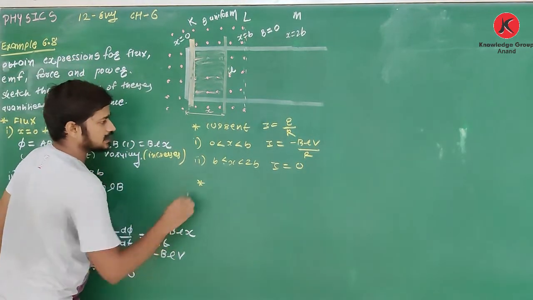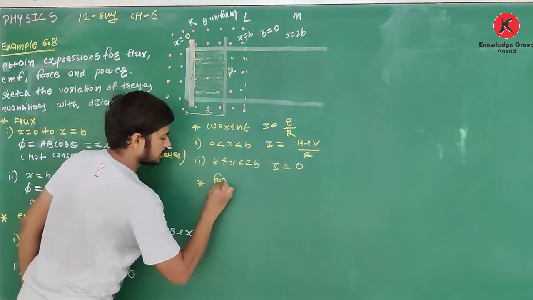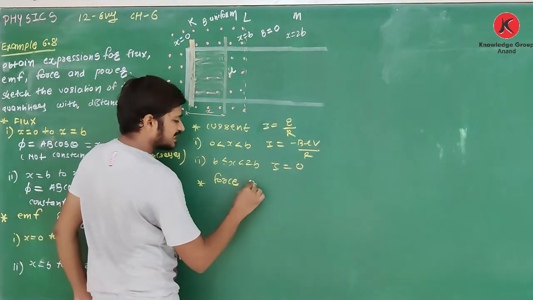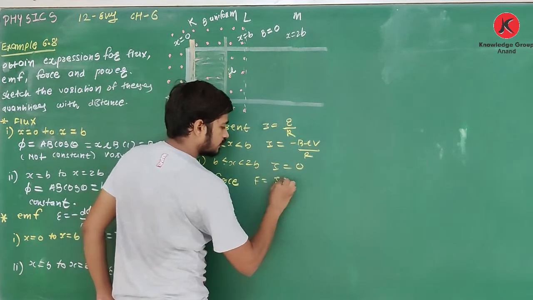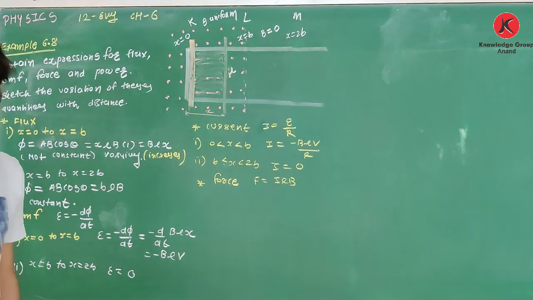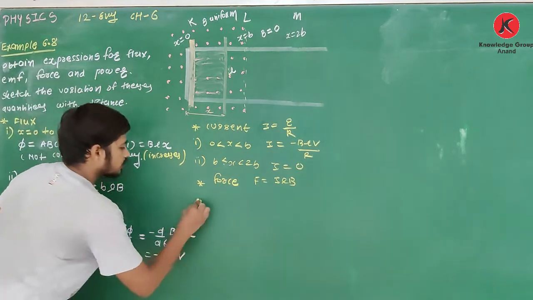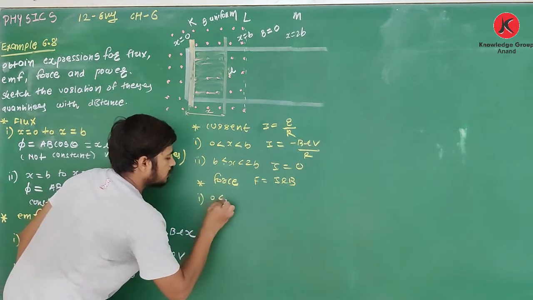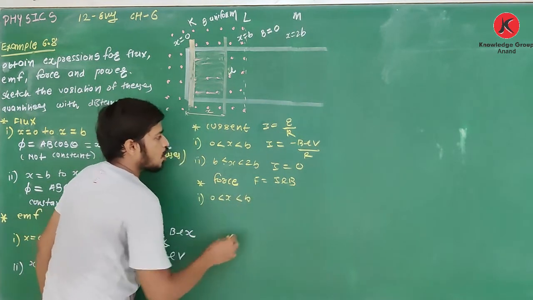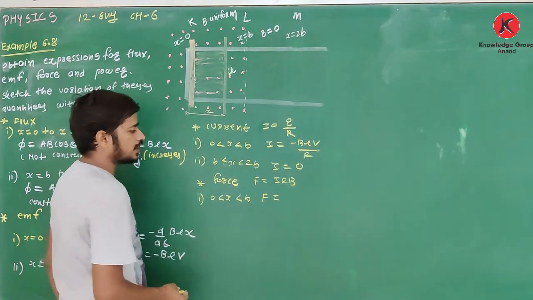Then the next one is force. Force means Lenz force. F is equal to ILB. So for the first case, that is 0 less than x less than b, what is the force?